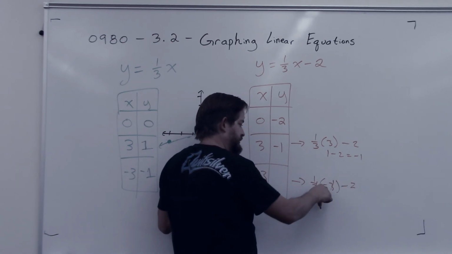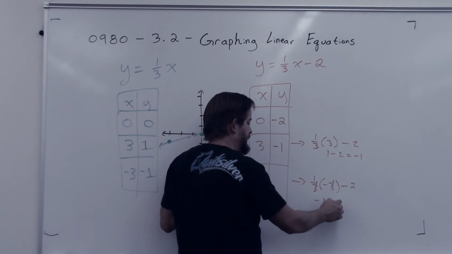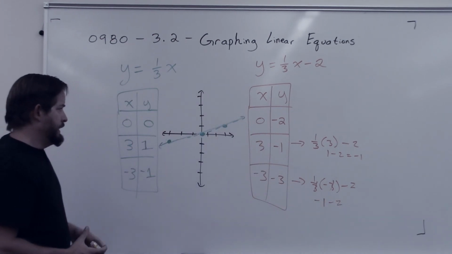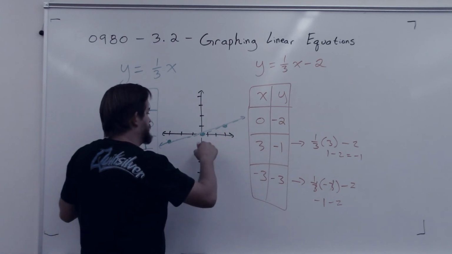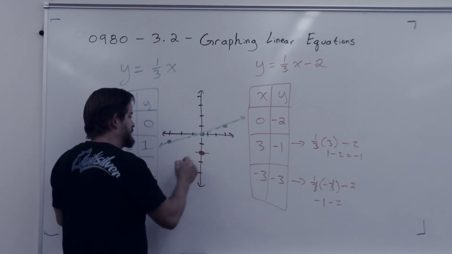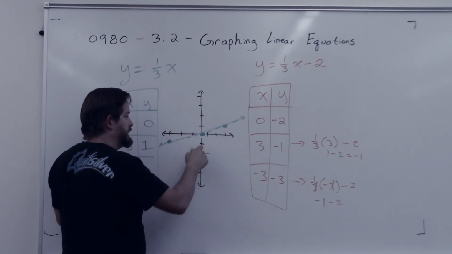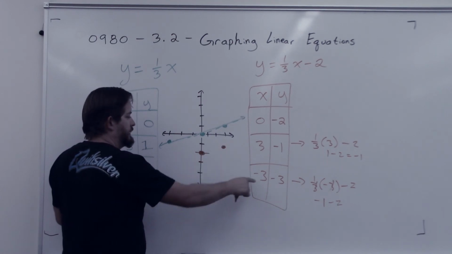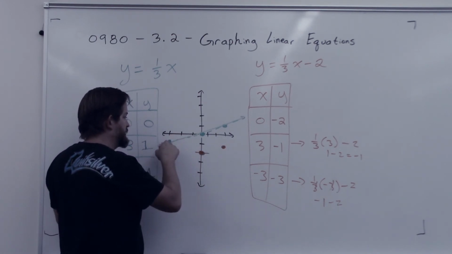The 3's cancel, leaving me with just negative 1, and minus 2 gives me negative 3. So I have these points. I have 0, negative 2, so 0, negative 2 is here. 3, negative 1. And negative 3, negative 3.